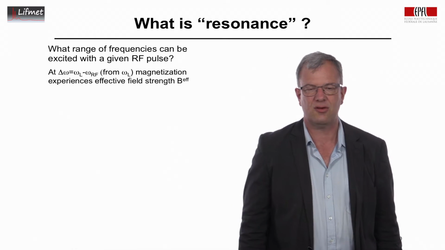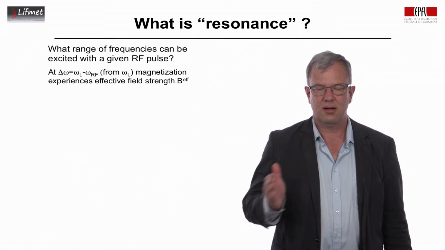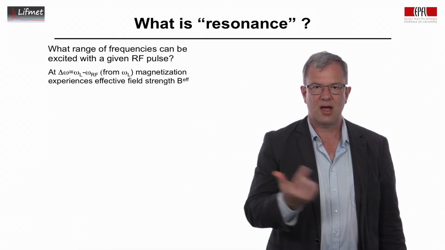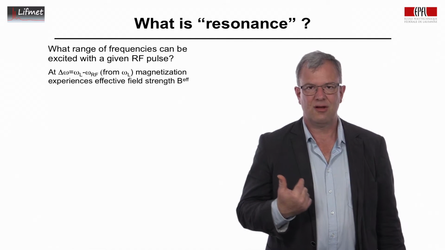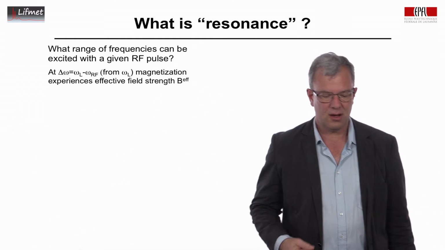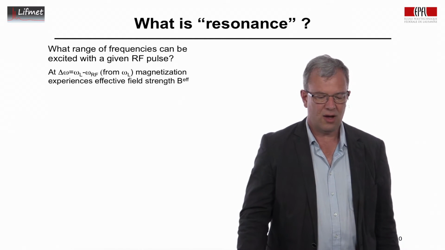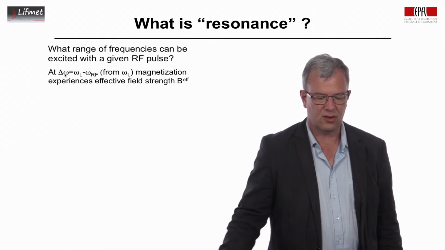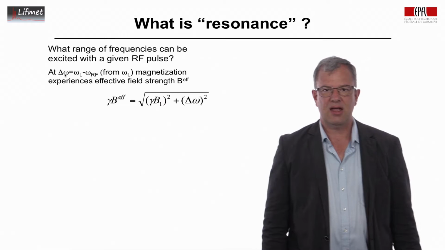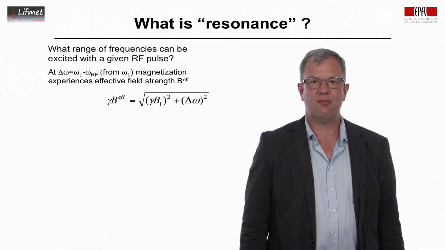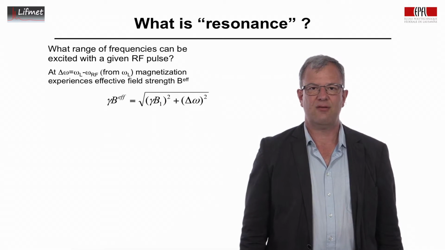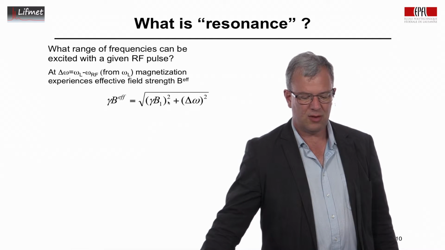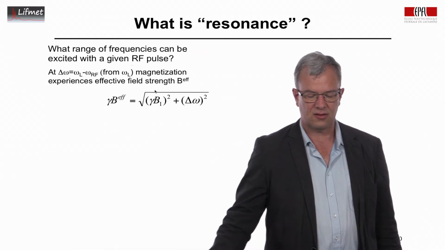This is the simplest way to describe it, and here omega, the angular frequency of the rotating frame, becomes the angular frequency of the reference of the radio frequency, so omega RF. So if we are now away from the Larmor frequency, so we have a delta omega that's non-zero, then our magnetization will experience an effective field that is given by gamma B effective, which is given by the square root of gamma B1 squared plus delta omega squared.